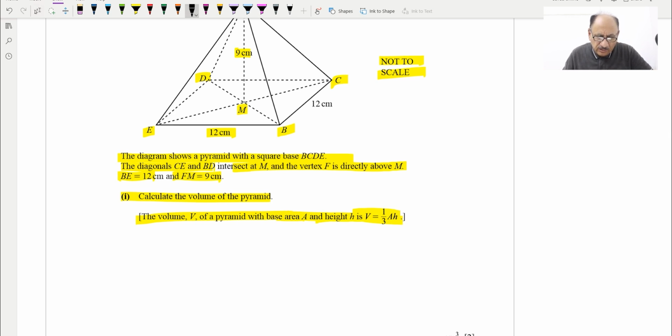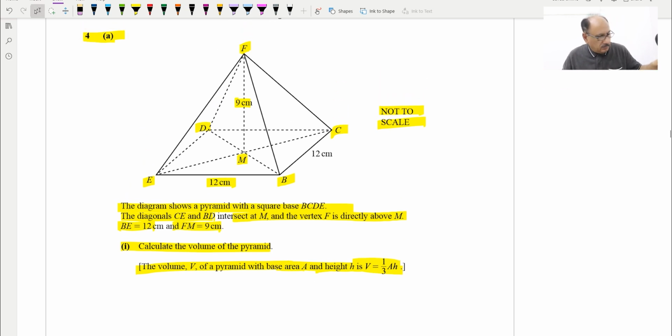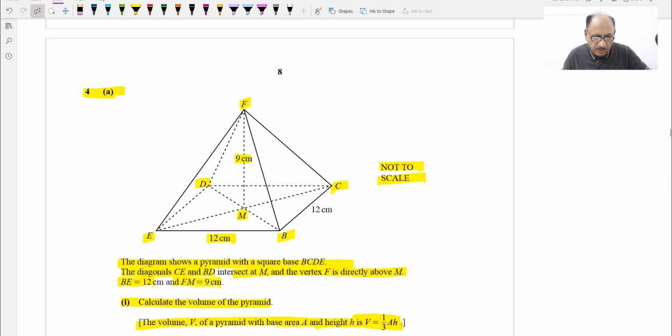If we draw a line up to a midpoint and join it with this one, this will be a right angle, and this is the right angle triangle which we are considering.